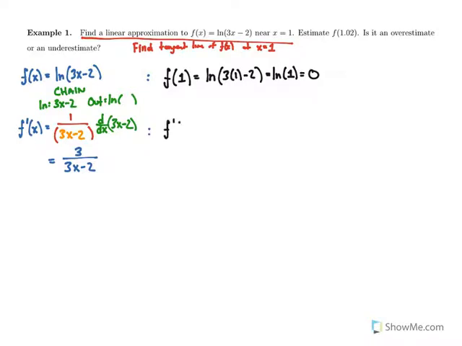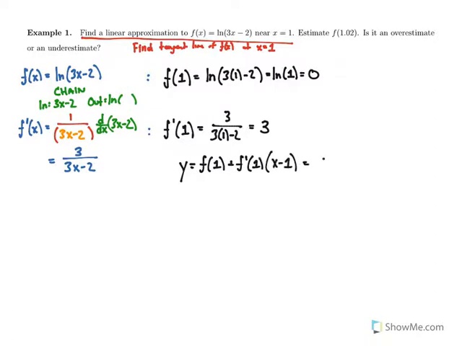F prime of 1 is 3 over 3 times 1 minus 2, which will be 3 over 1, which is 3. So our tangent line, our linear approximation, is going to be y equals f of 1 plus f prime of 1 times x minus 1, or in this case, we're going to have 0 plus 3 times x minus 1.